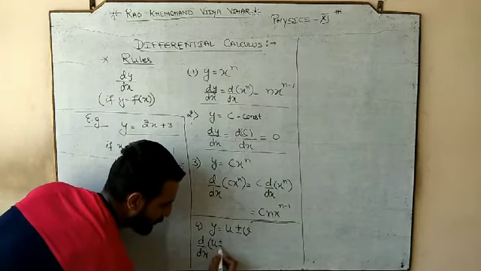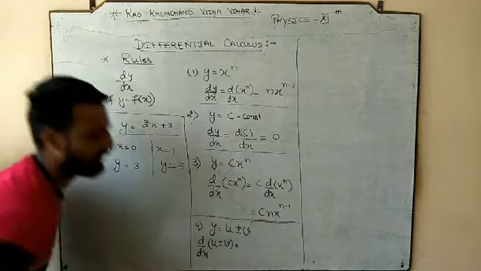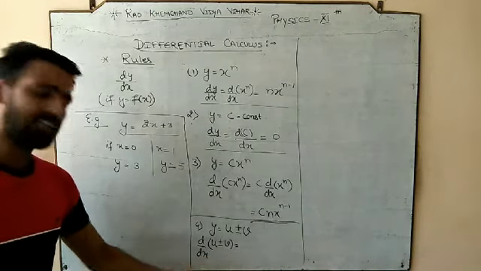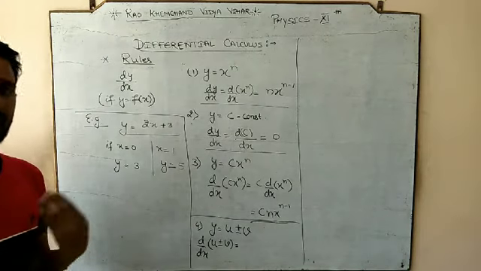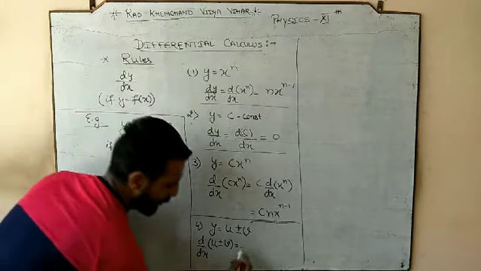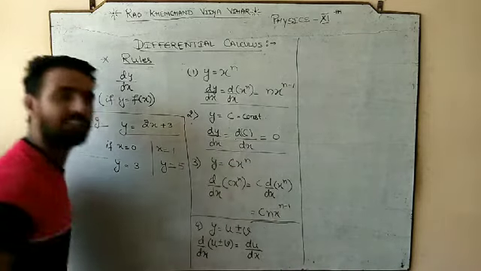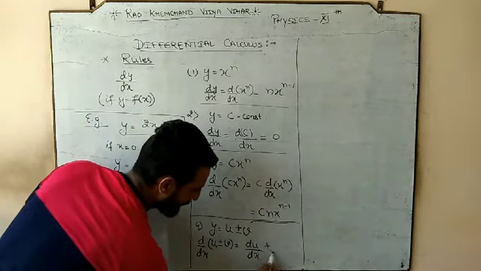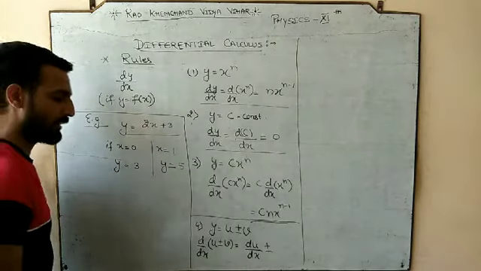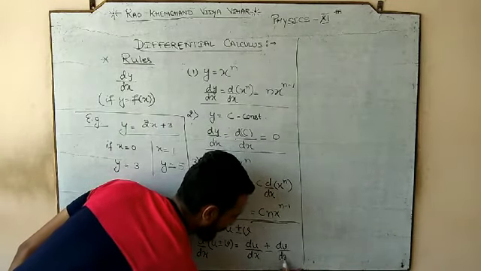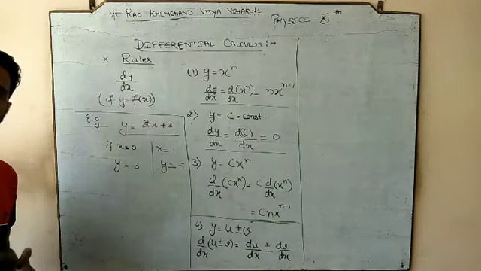It can be u plus minus v. Let's suppose I have taken two terms. First term is u, second term is v, and it is plus or minus. Either they are adding or they are subtracting. So the rule is the first term would be differentiated separately. Whatever be the sign between them, that sign will remain the same, and the second term will be differentiated separately. Am I clear with that?